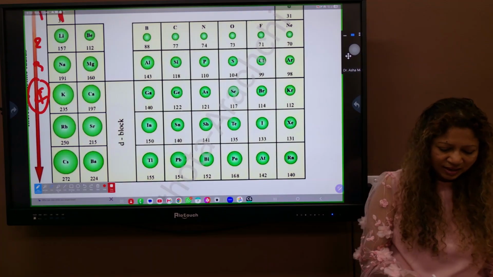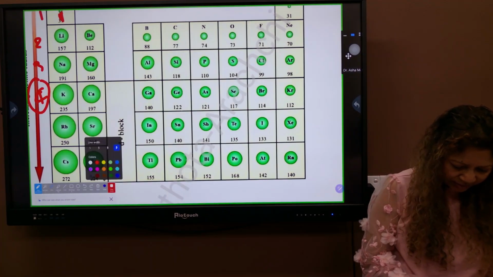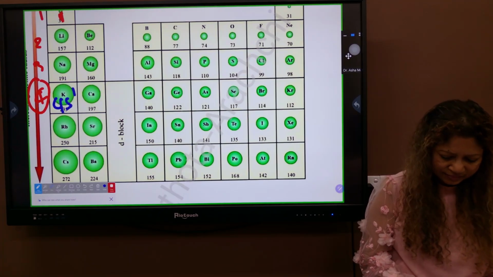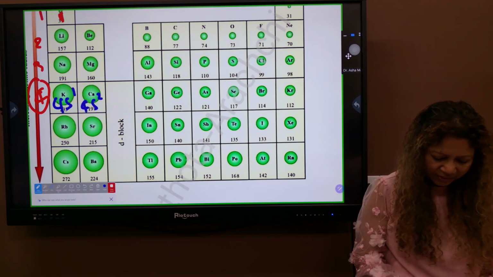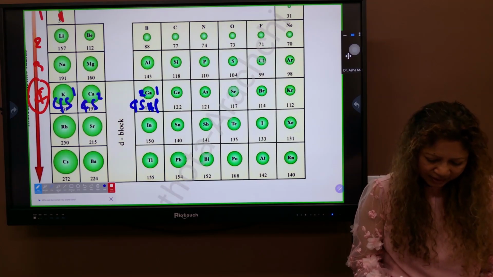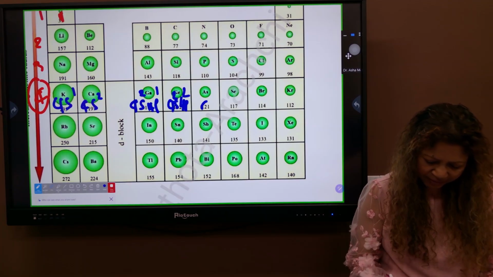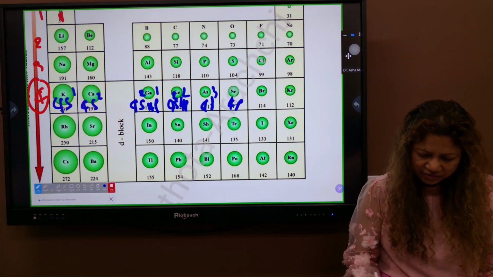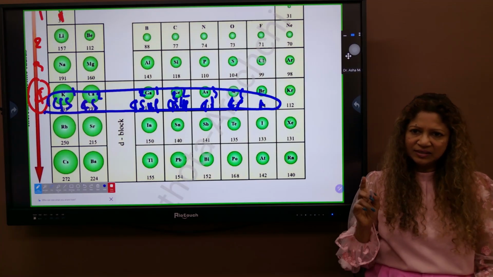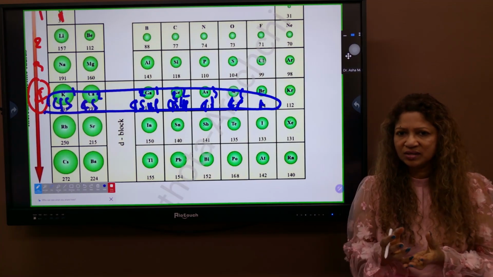So this becomes 4s1, and calcium 4s2, and gallium, well done, then germanium 4p3, 4p4, 4p5. So regardless of how many electrons are entering, all electrons are entering one single main shell.